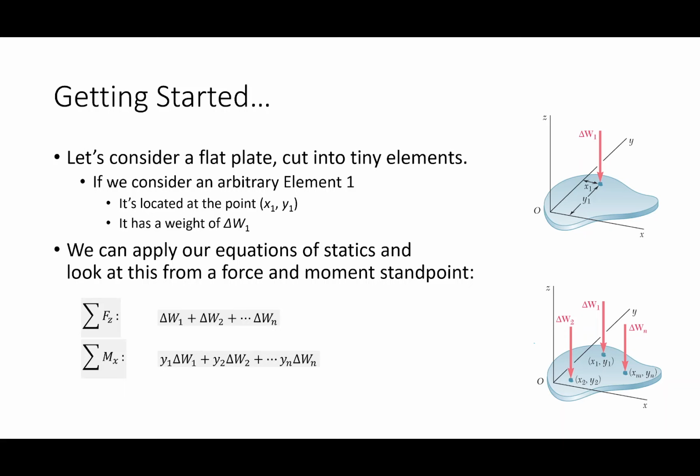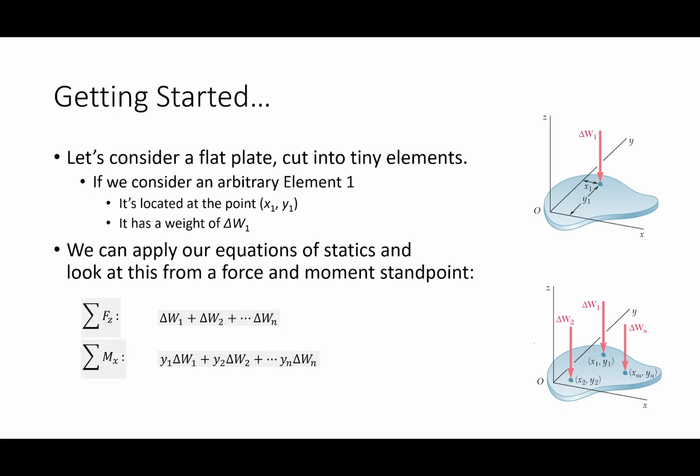So if I'm summing moments about the x-axis, let's think about this. I need the force times the shortest distance from the force in question to the axis. And if this is the x-axis, how far from the x-axis is this point? It's y1, right?